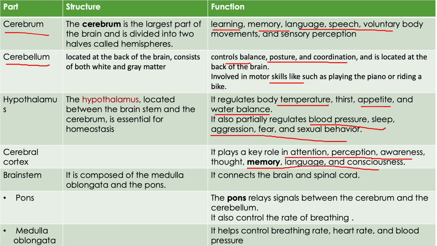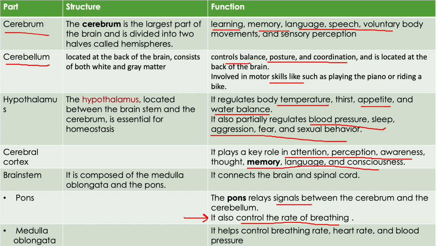The brainstem, which we studied, is divided into two parts, the pons, the upper part, and the medulla, the lower part. The pons plays an important role in passing signals between the parts of the brain, and it controls the rate of breathing. The most important function is over here.